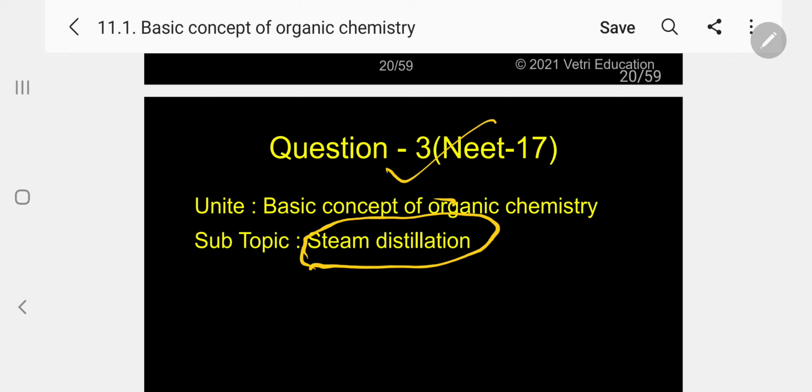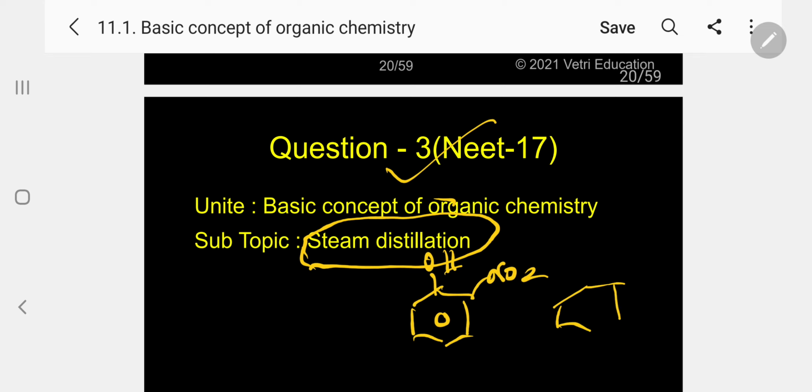What is the difference between orthonitrophenol and paranitrophenol? Kindly follow. This is the structure. This is phenol, this is orthonitro. This is phenol, this is paranitro. What is the interesting information here? We have already studied hydrogen bonding under chemical bonding.